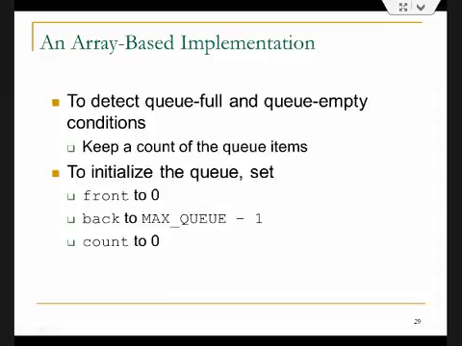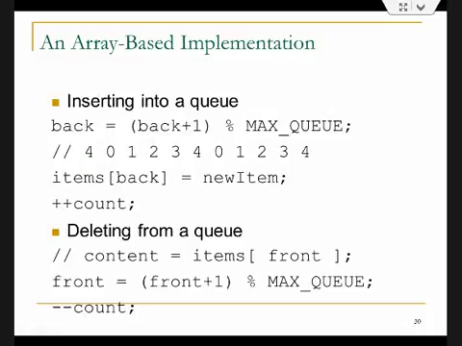So to detect queue full and queue empty conditions, we have to make some checks, okay? You need to keep a count of the queue items, and then to initialize the queue, set front to 0, back to max queue minus 1, and count to 0. Then you insert into the queue by saying back equals back plus 1, and then you mod max queue.